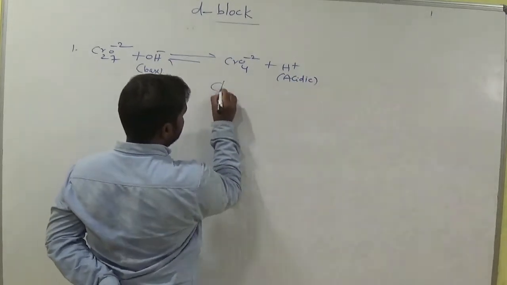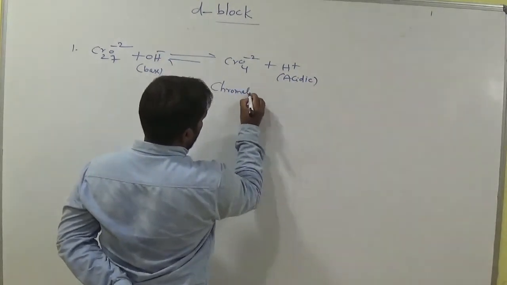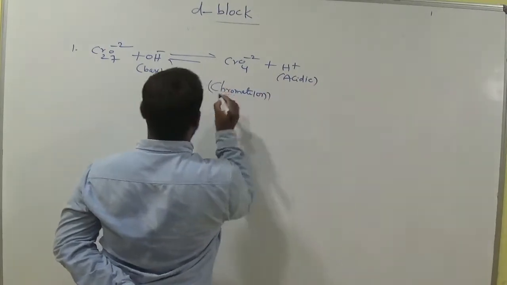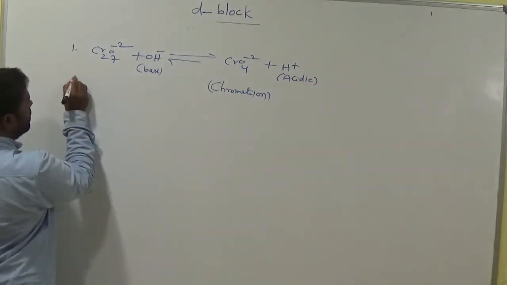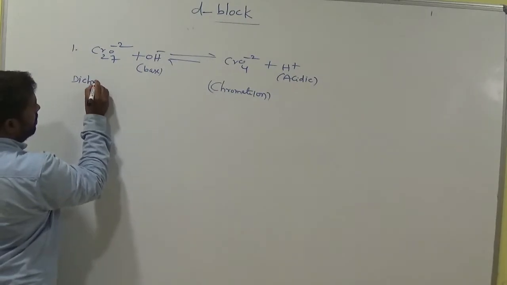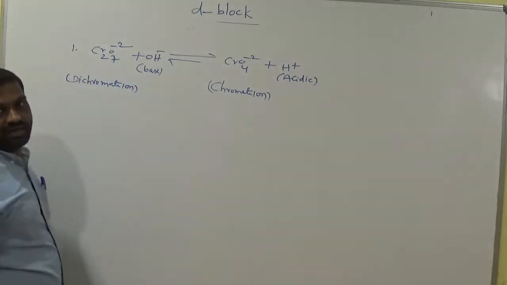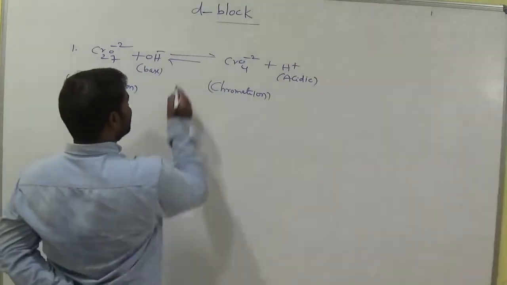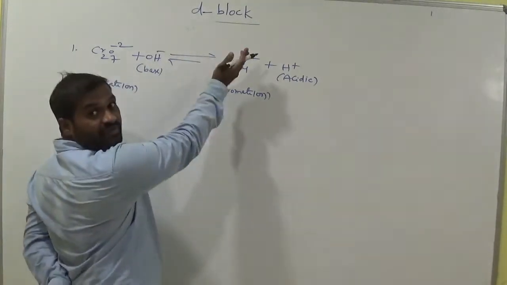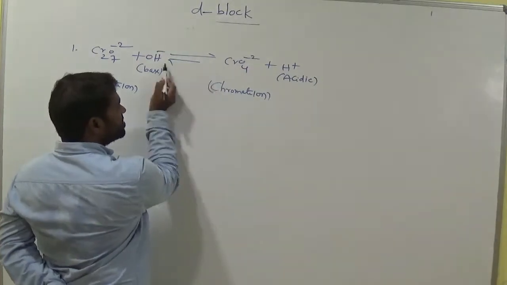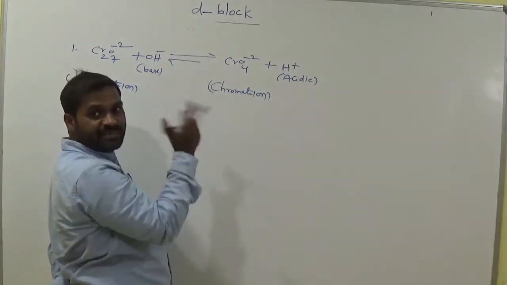This one is the chromate ion, and this one is the dichromate ion. Clear? So it is a reversible reaction, forward and backward. That means the reaction takes place on both sides.